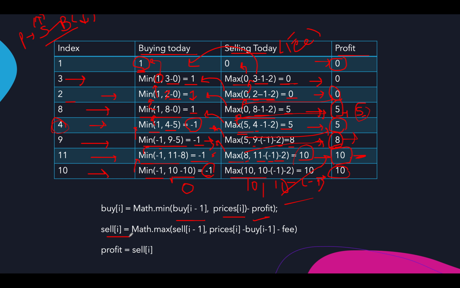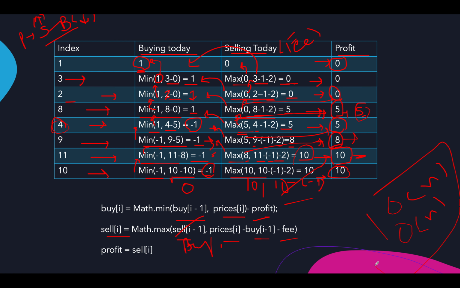The selling part would be the maximum of these two values: the profit of the previous day, you can update this with profit as well, comma, the current price minus the buying for the previous day minus the transaction fee. So both of these would work, and the time complexity of this approach would be order of n. The space complexity again would be of order of n.